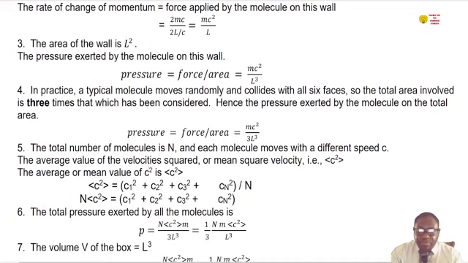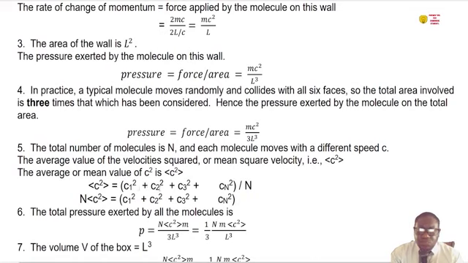Now the total number of molecules is N, because here we've just considered one molecule. So if N molecules, it would change to N mc squared over 3L cubed. And also we know that each of these molecules is moving at speeds that vary from c1, c2, c3, depending on the number of molecules.